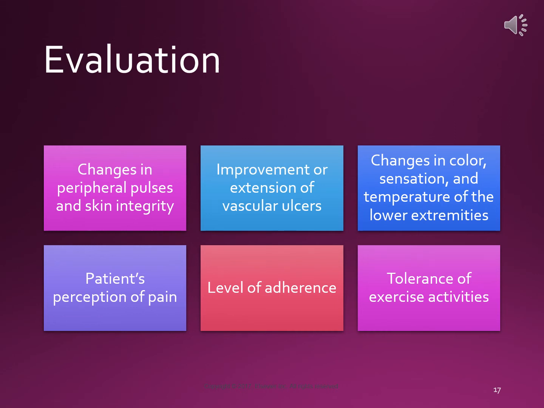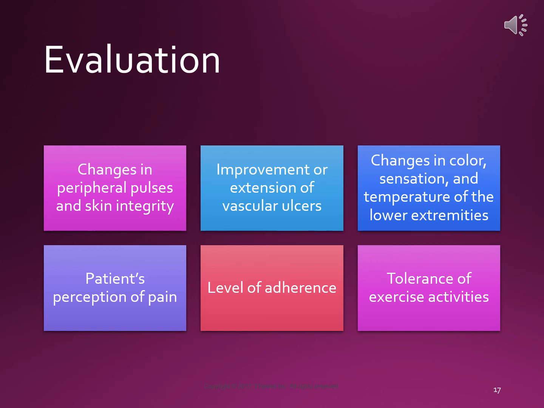How are you going to know that your nursing care is working? Well, are you seeing changes in their peripheral pulses? Maybe they're becoming a little stronger. Is their skin intact? Are you seeing improvement in those vascular ulcers, or are they extending and becoming worse? Are you seeing changes in their skin, in the color, the sensation, and the temperature of the skin in the lower extremities? How about the patient's perception of pain?